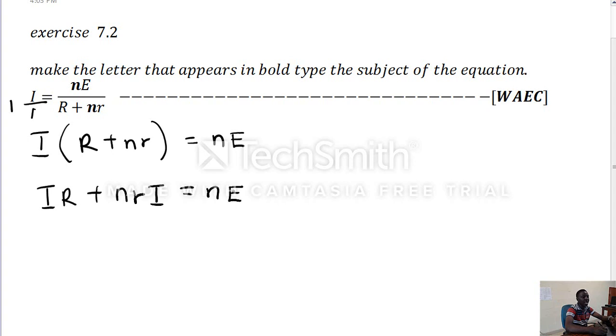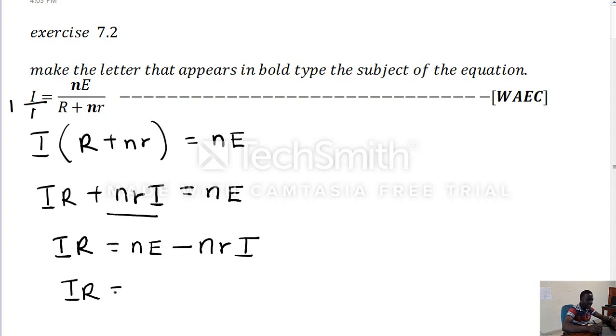Collect all terms that have to do with n on one side. So I'm going to move this to the other side of the equation, leaving me with I r is equal to n E minus n r I. Next is to factorize out n, and this will be I r is equal to n into brackets E minus r I.